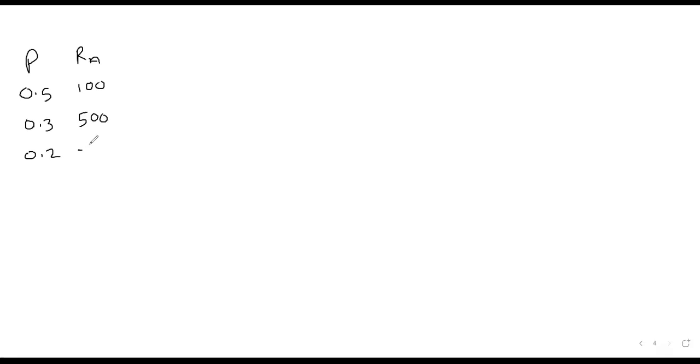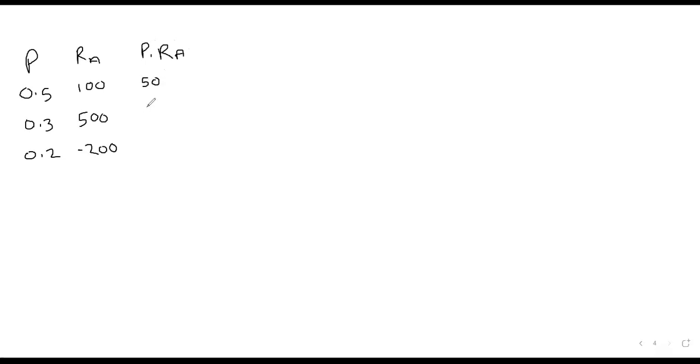And negative 200. So the expected return is simply when we multiply the probabilities times the returns. So probability times the return on A. So here we're going to have what? 50.